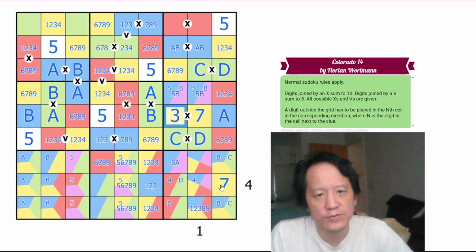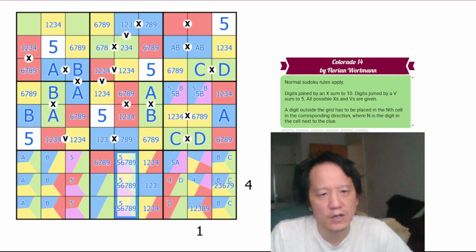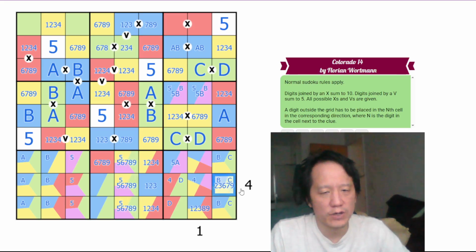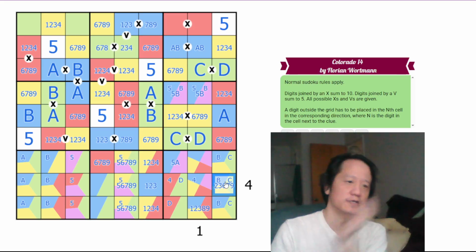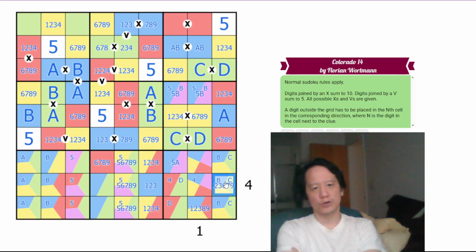So it's 7, 3. That means this would be 4. 7, 3. That means this would have to be green as 4. Interesting. Huh. Right, because every other situation, this is blue or green.